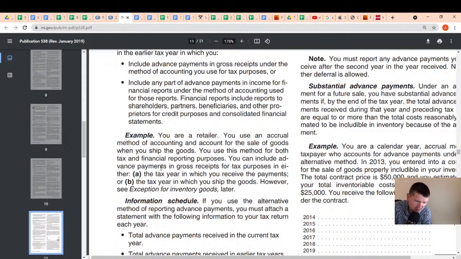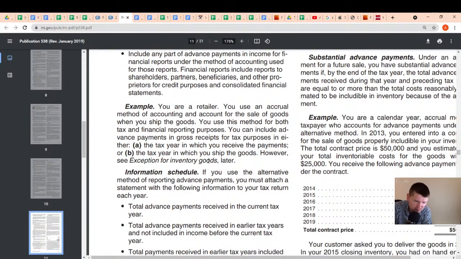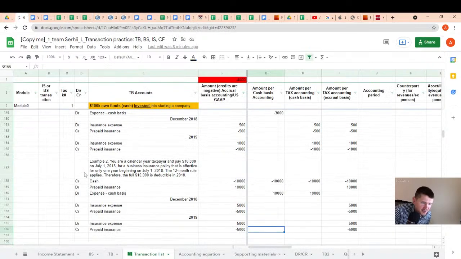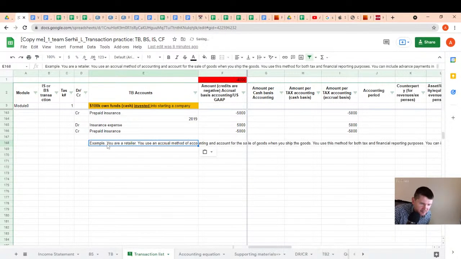You can include advance payments in gross receipts for tax purposes in either A, the tax year in which you receive the payments, or B, the tax year in which you ship the goods. However, see the exception for inventory goods later. That's interesting. I will copy that to consider for some practical purposes.